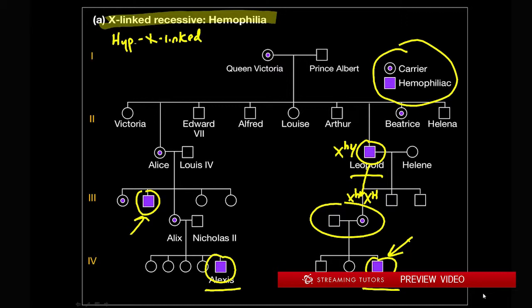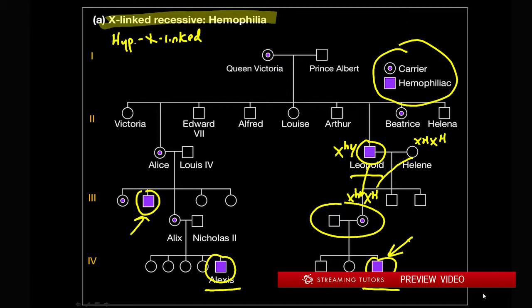Where did that big H come from? It came from her mom, Helene, who was coming from outside the family. So the implication is that she was homozygous, but regardless, we know she gave one X with a big H to her daughter. That's what makes her a carrier.